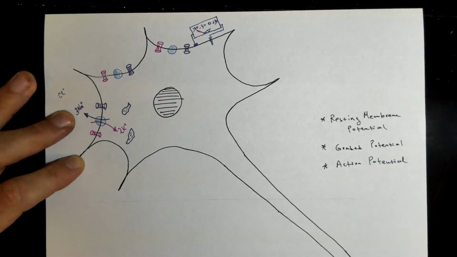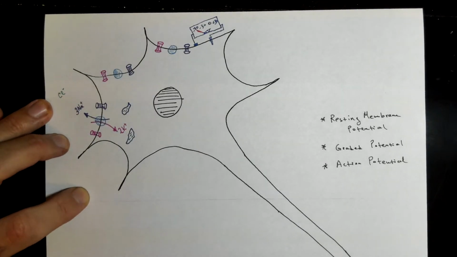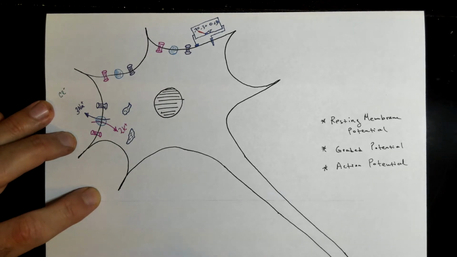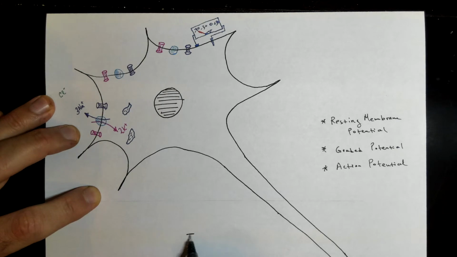In order to do this, we want to look at the different ions that we're going to use. This is the electricity of the biological nervous system, and to do this biological electricity we need ions.